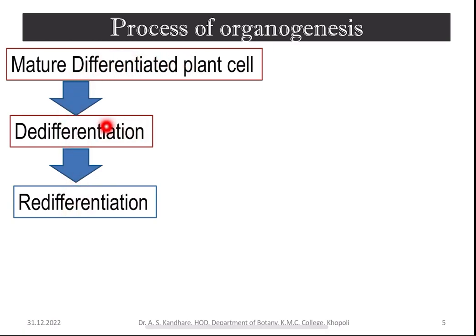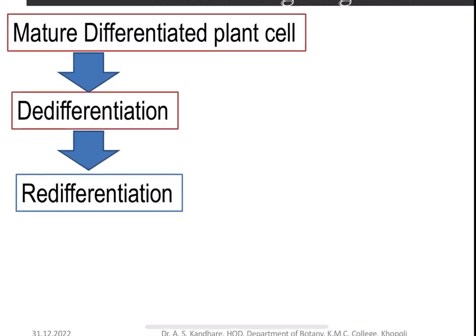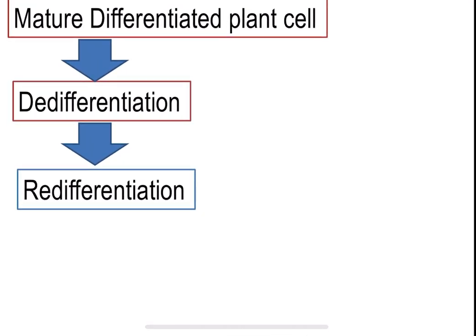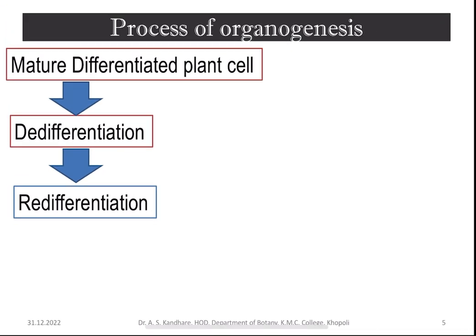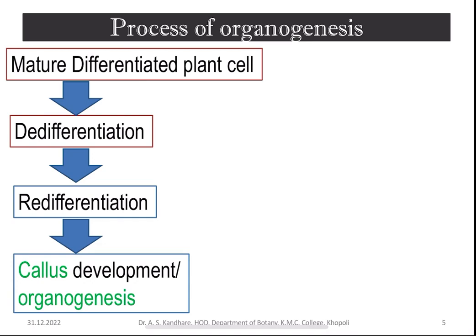Differentiated plant cell is de-differentiated and then it is re-differentiated. So these are the important steps that you have to understand and keep in mind while learning this organogenesis. Then there would be development of callus, or you can directly go for organogenesis.